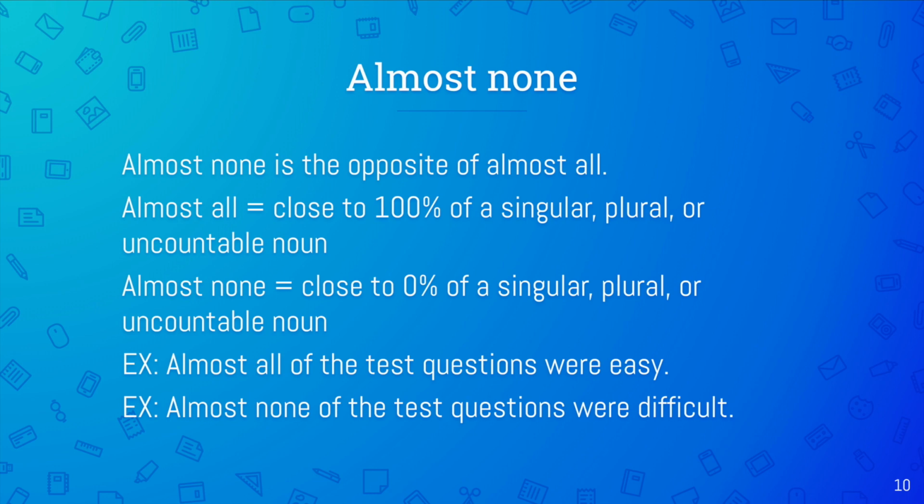Almost none is the opposite of almost all. Almost all means close to 100%, almost none close to 0%. So if almost all of the test questions were easy, then almost none of the test questions were difficult.